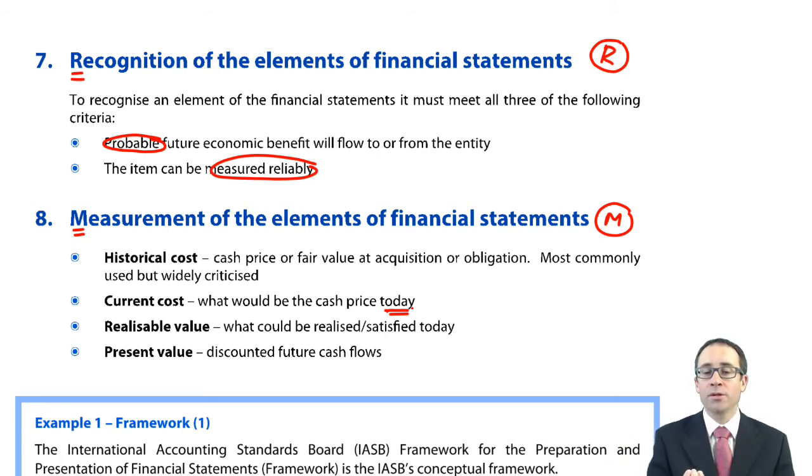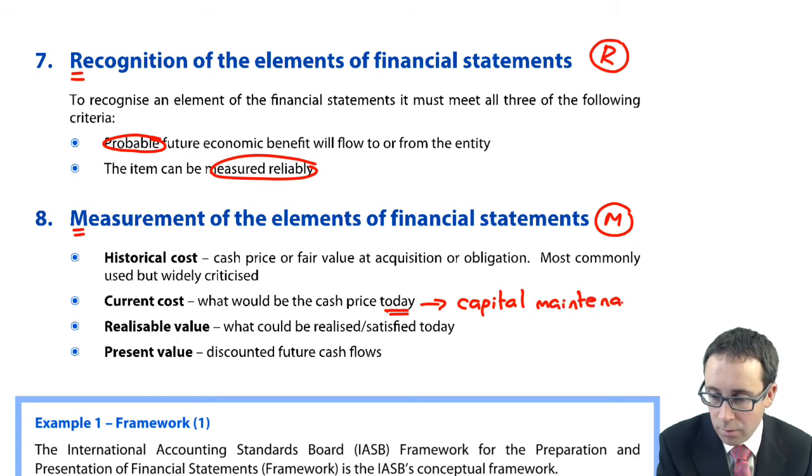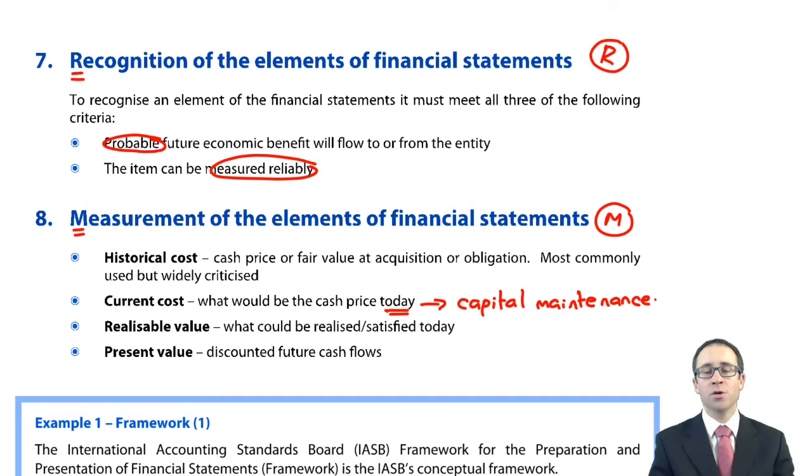So maybe what you might want to do is update that cost for what it currently would be paid for today. So if you like, incorporating inflation, and we'll touch upon it after the examples, is whereby we think about a concept referred to as capital maintenance. You want to update your historic cost to reflect current cost to give you a fairer presentation of the results that we have within the financial statements.